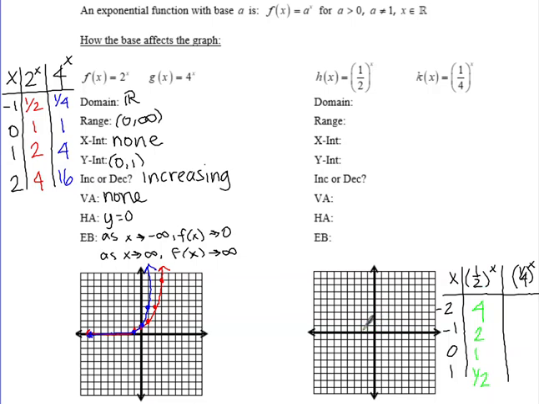So if I graph these, if I wanted to, I could look at an x value of -3, and that would give me 8. I can go ahead and sketch in this curve.